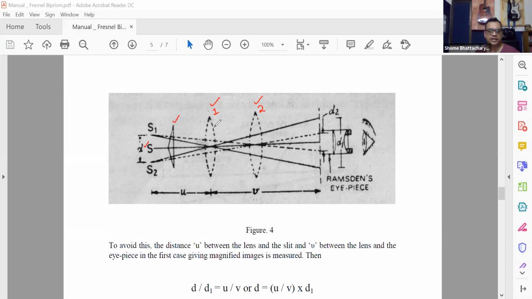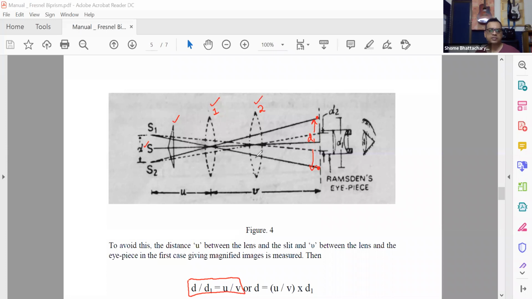And when you see it at, for example, this position here, the first position, you're looking at this and this. So you're measuring this distance, which they have taken as d1. So d1 basically comes from this UV formula.